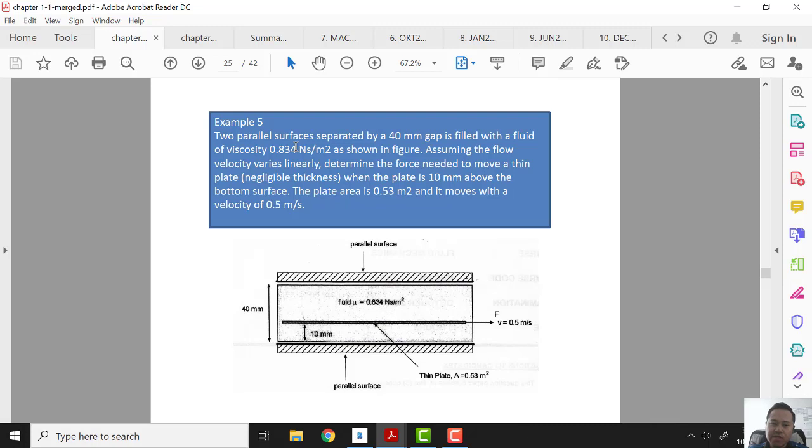Assume the flow velocity varies linearly. Determine the force needed to move a thin plate, with negligible thickness, when the plate is 10 mm above the bottom surface, the plate area is 0.53 meter square and it moves with a velocity of 0.5 meter per second.